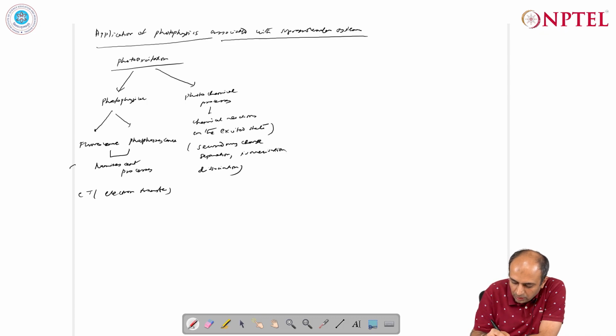These are the radiative processes, and we also have the non-radiative processes, which are the electron transfer and the energy transfer processes as well.